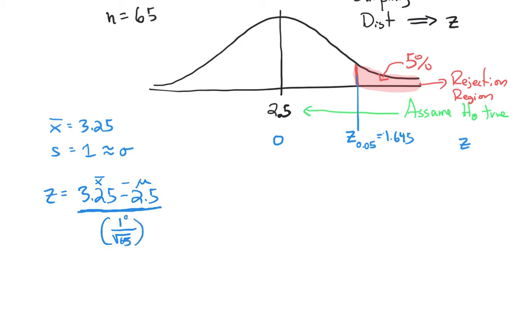Remember, this is sigma over root n. And if we calculate this, we indeed get something around 6. We don't have to be particularly accurate unless we're really close to our cutoff value, to our critical point here. Well, where does our, and we call this actually a Z star, this is our test statistic.